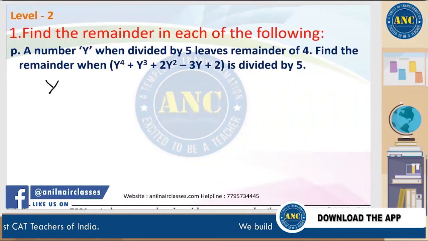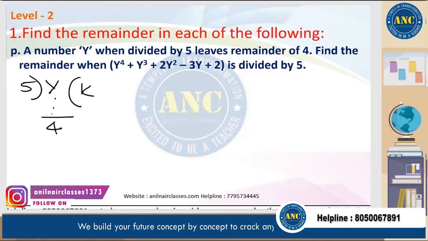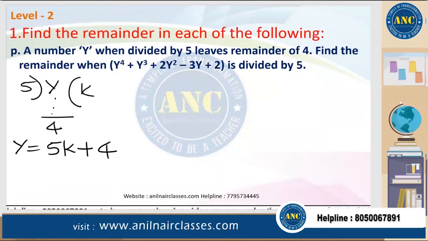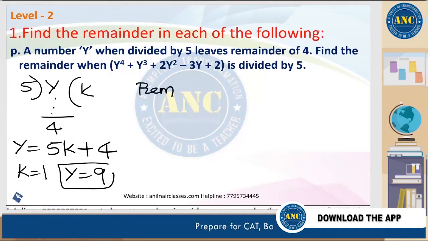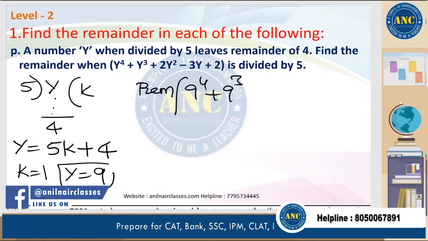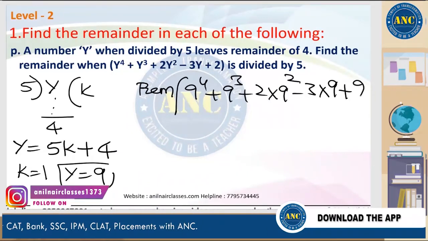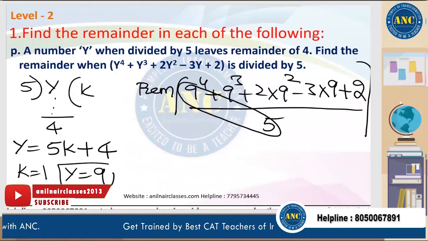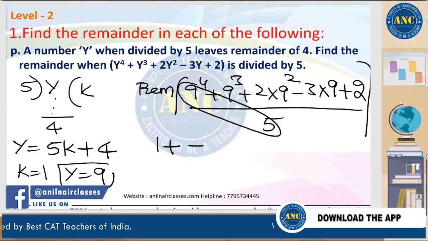Now, a number y when divided by 5 gives a remainder 4. Dividend equals divisor into quotient plus remainder, so it is 5k plus 4. You put a random value, k equals 1: 5 plus 4 is 9. So this becomes 9 power 4, plus 9 cube, plus 2 into 9 square, minus 3 into 9, plus 2, divided by 5. 9 is 5 twos are 10, minus 1, so 9 is minus 1. Minus 1 power even is 1.